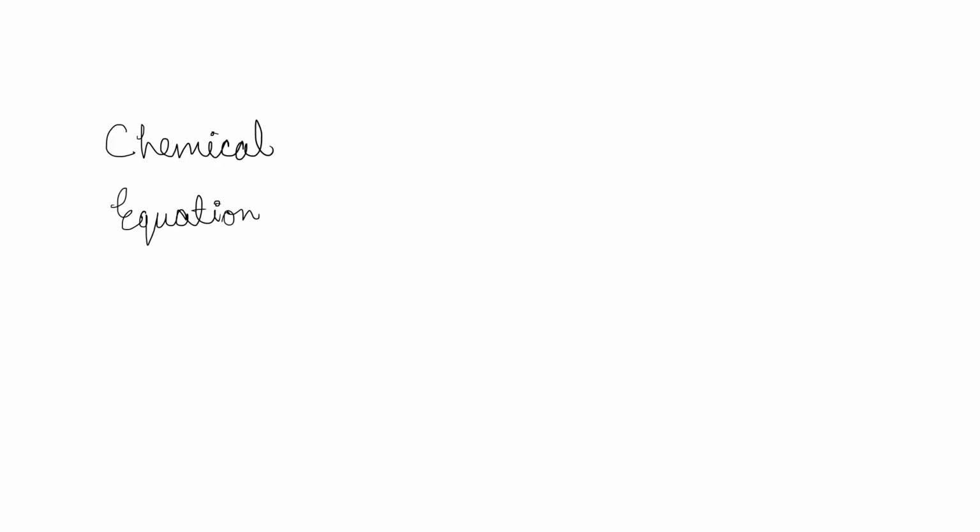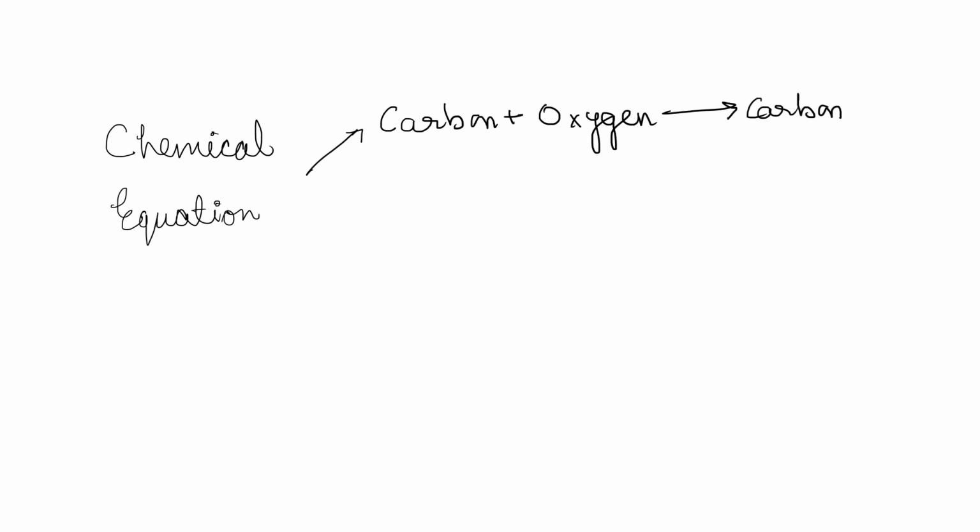Let's write the chemical equation for burning of coal. It can be written in form of word equation. Okay, let's write the word equation first. Carbon or coal, when it burns in presence of oxygen, it forms, this arrow shows the direction of reaction, carbon dioxide gas plus energy is released.